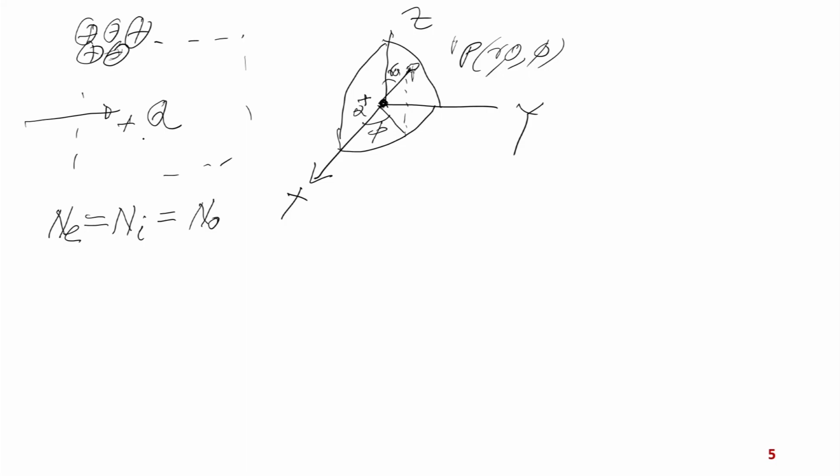So, the potential phi of r, I can write as 1 by 4 pi epsilon 0 times q by r.